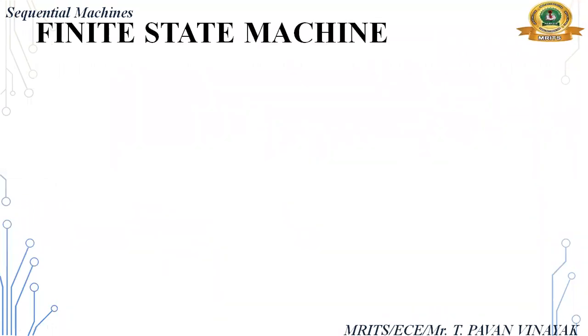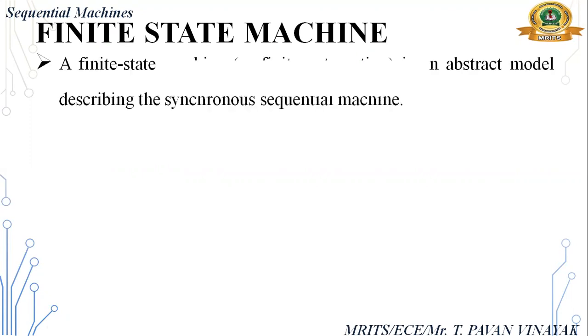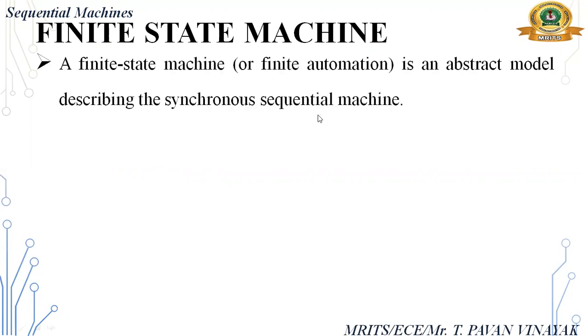So what is a finite state machine? It is an abstract model describing the synchronous sequential machine which has a finite number of states. As we said, a sequential machine is a mathematical model, so mathematical model means we have some variables to represent it.